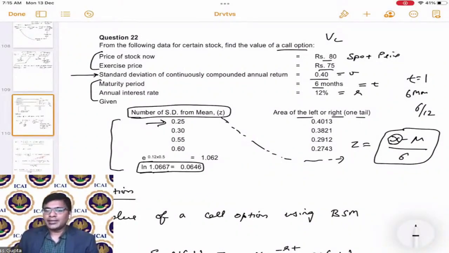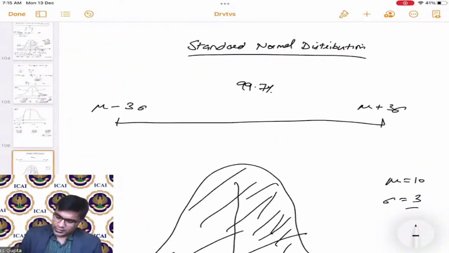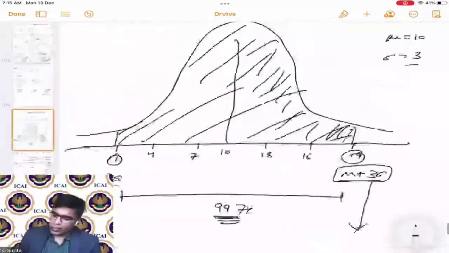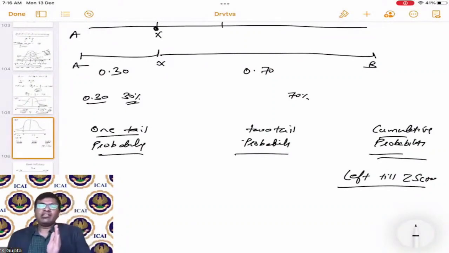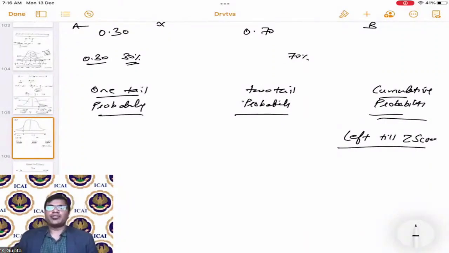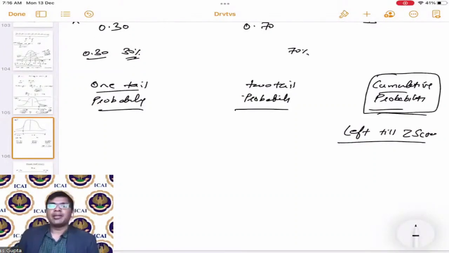Now I'll explain this. We have also studied one tail, two tail. One tail means that it is only one side of the data. For our calculation in the Black-Scholes model, we always use the cumulative probability. Why?